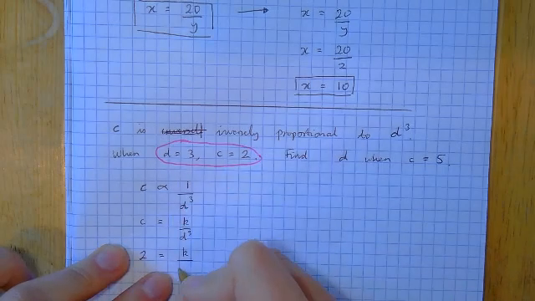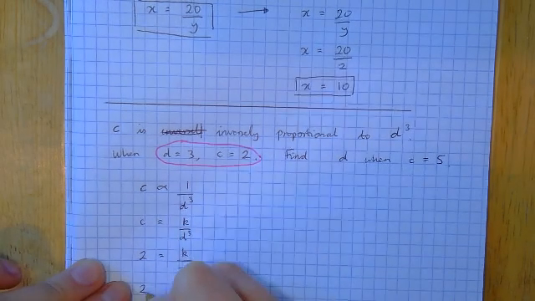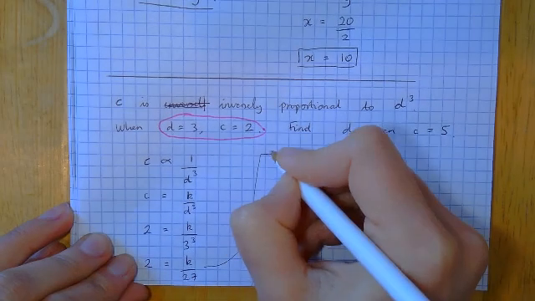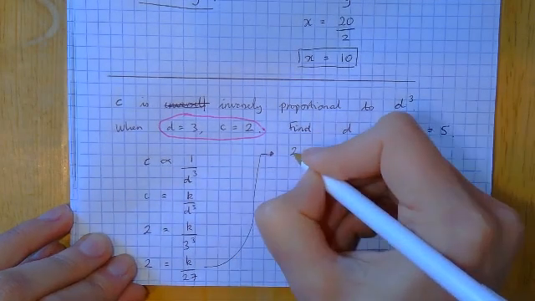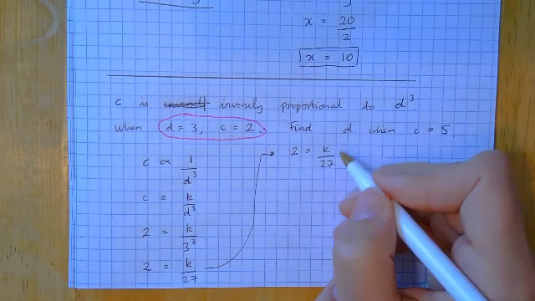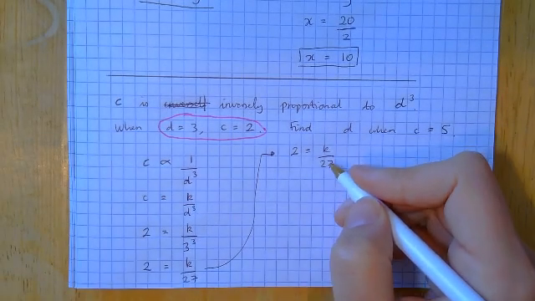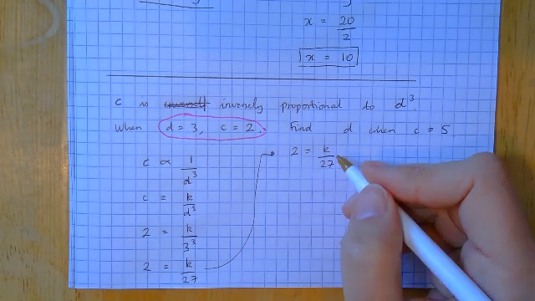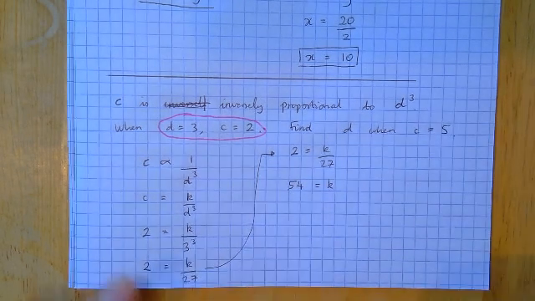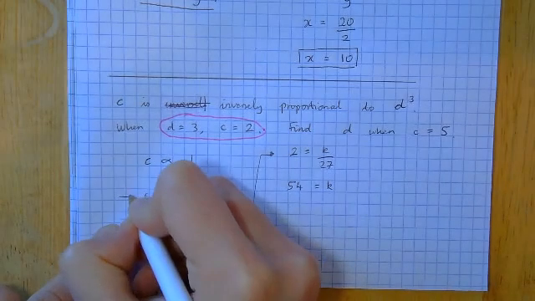So 2 equals K over 3 cubed. So 2 equals K over 27. My K is being divided by 27, so I need to times by 27. So that's 54. So 54 equals K.